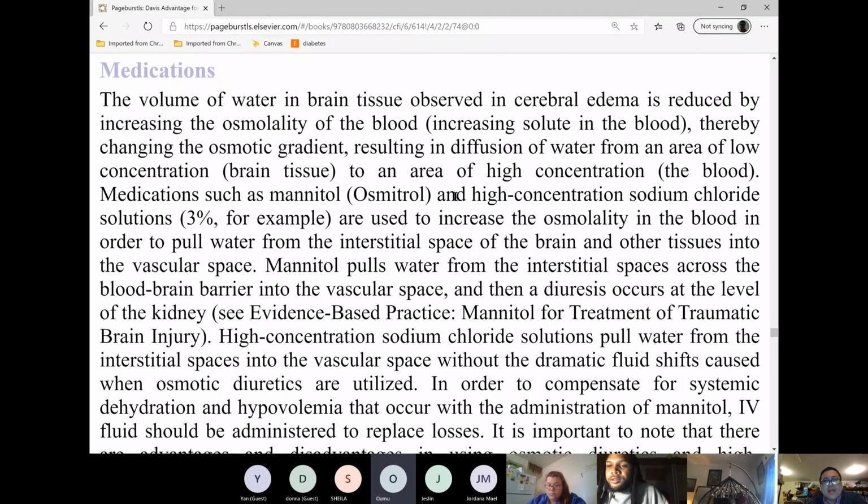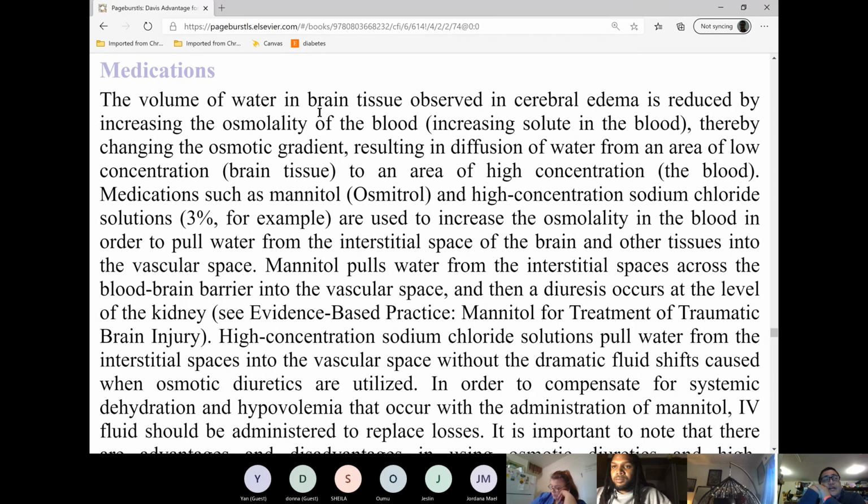It decreases blood pressure. So keep that in mind before you administer any diuretic. Make sure your blood pressure is at least 140 or higher. Now the diuretic used here is mannitol.